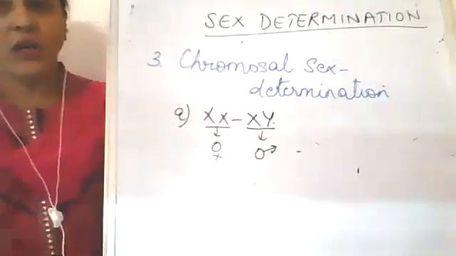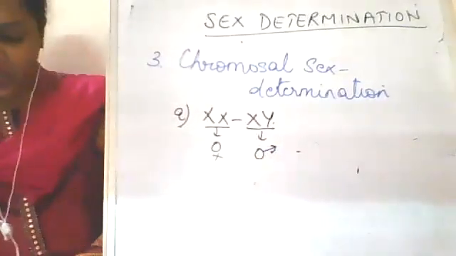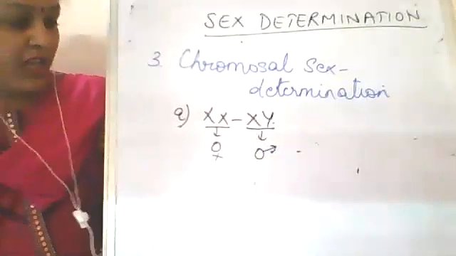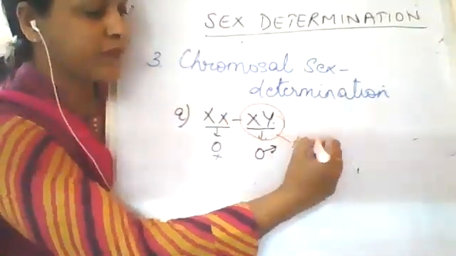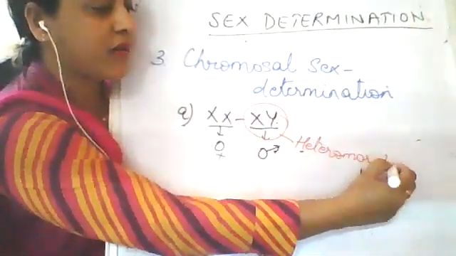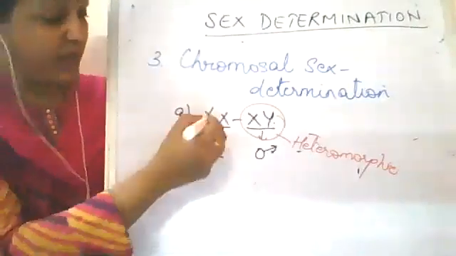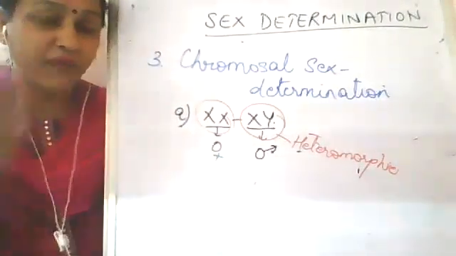In this condition, we use the term that males are heteromorphic, whereas females are homomorphic. How can we say they are hetero?